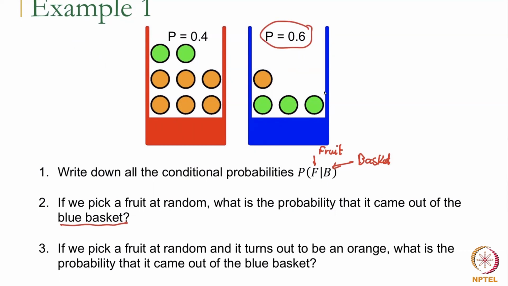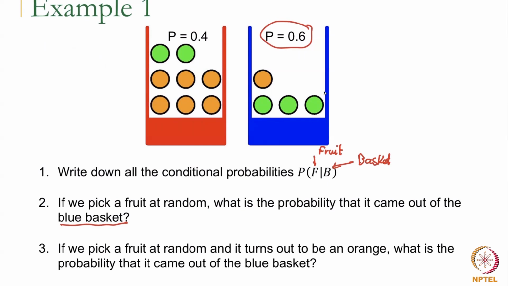If we pick up a fruit at random and it turns out to be an orange, what is the probability that it came out of a blue basket? Once again, please think about the intuition of this problem. If I gave you no information about that fruit, you would say 60% that it came out of a blue basket. If it turns out to be an orange, what is the likelihood that it came out of a blue basket rather than a red basket? This you have to think about. Will it increase?